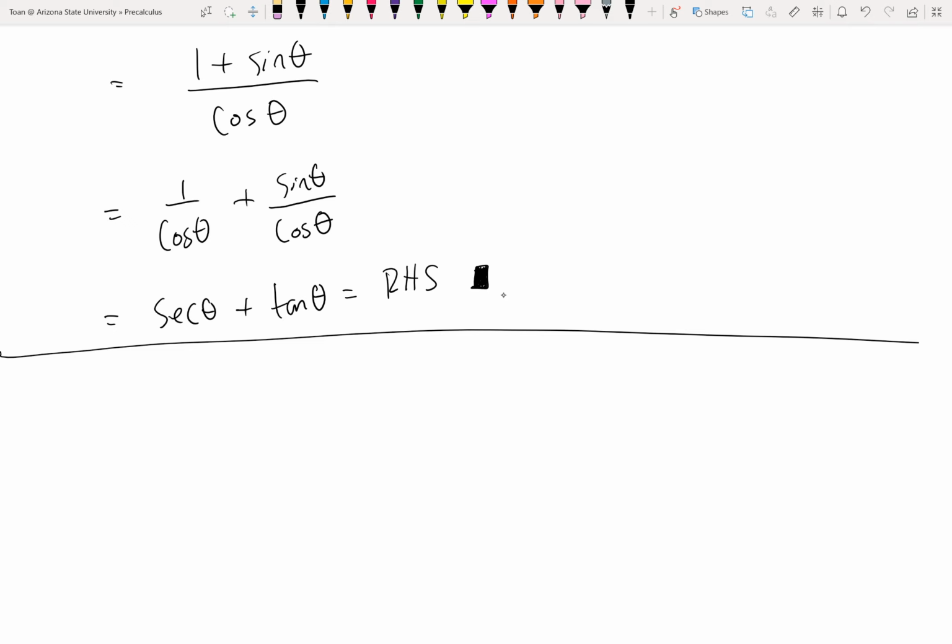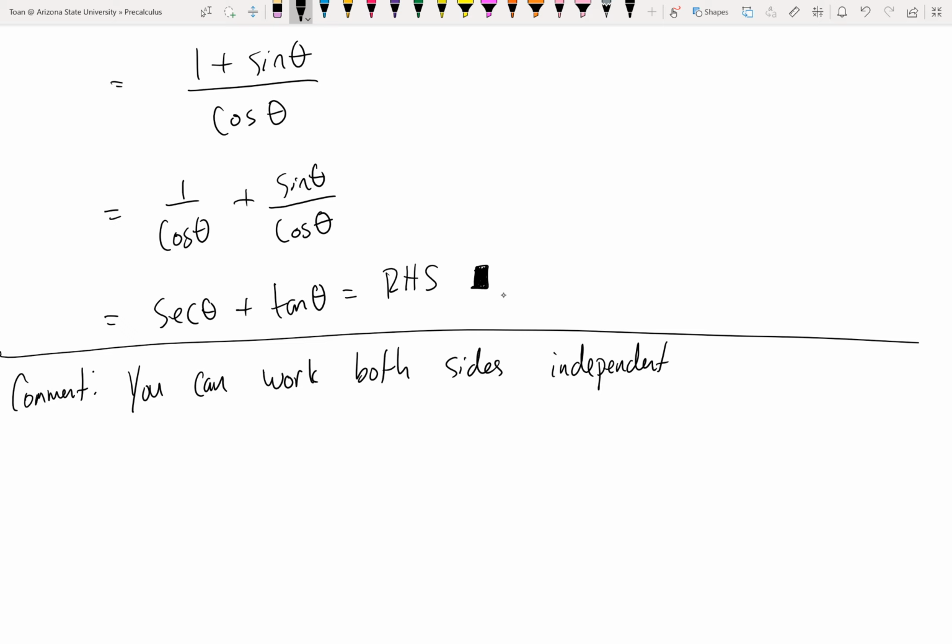Let's call this a comment. You can work both sides independently and meet in the middle.